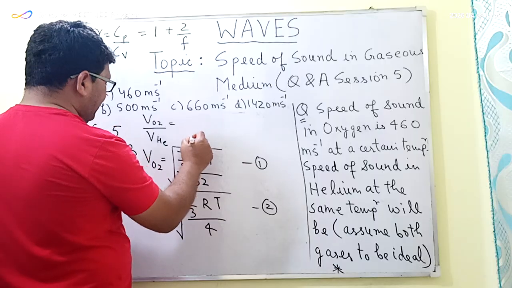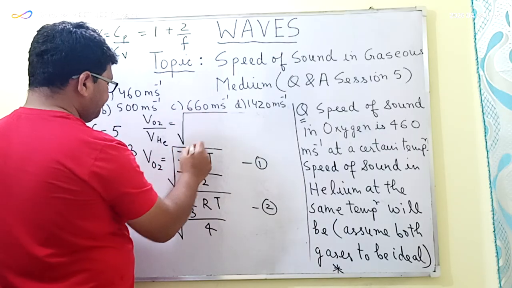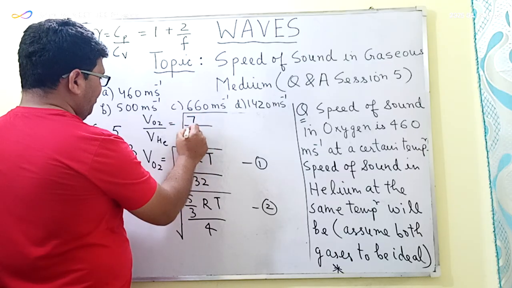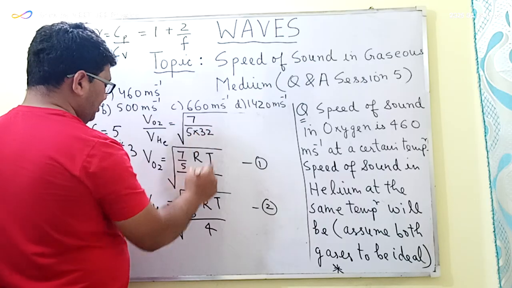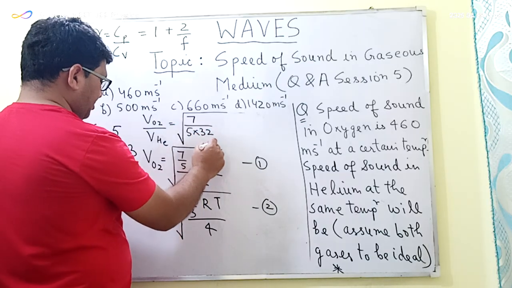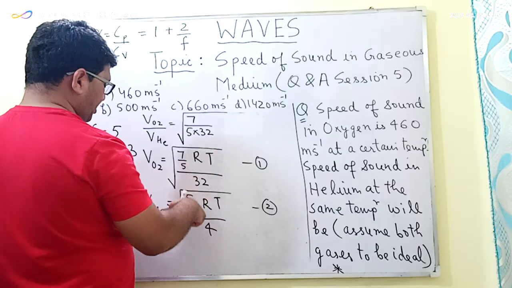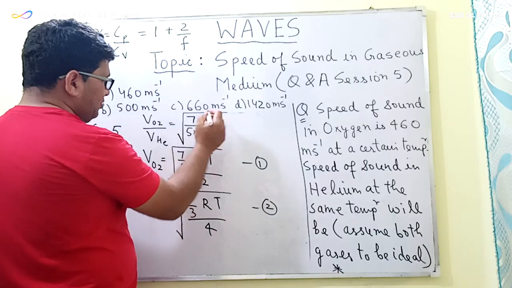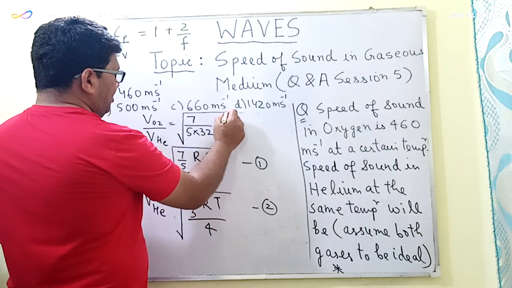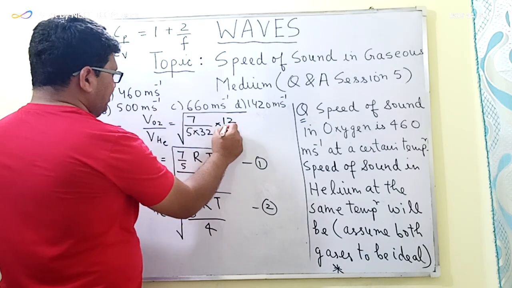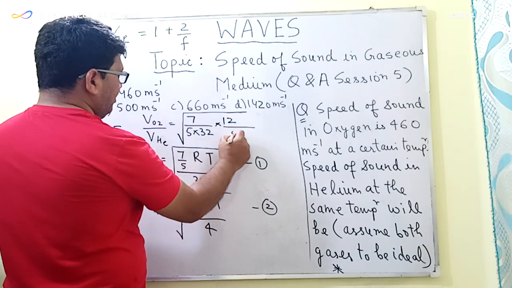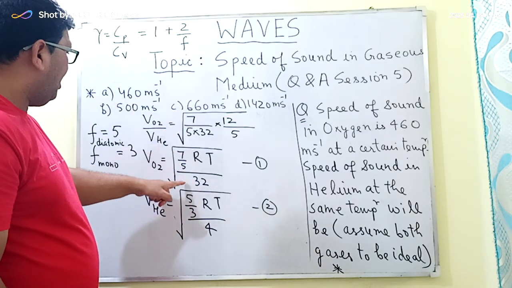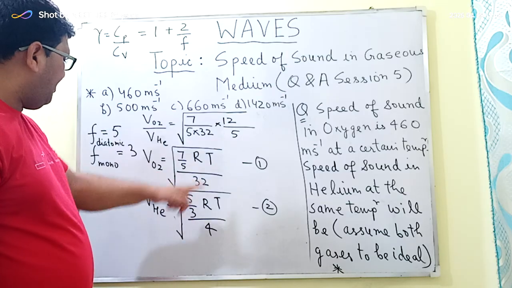So finally I will simply get the value as the square root of 7 upon 5 into 32, divided by 5 upon 12.